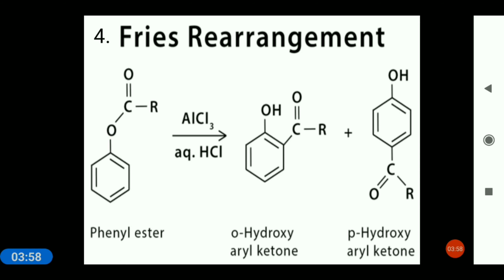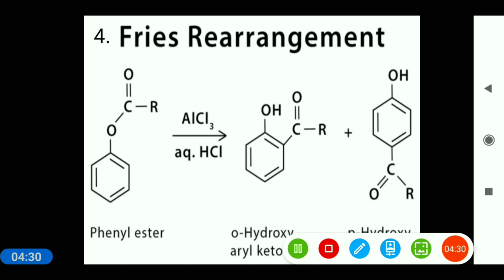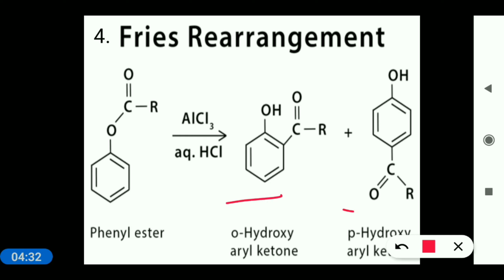Next is the Fries rearrangement. It is a type of rearrangement. Phenyl esters on heating with anhydrous AlCl3 in presence of CS2 as solvent undergo a rearrangement in which acyl group migrates from the phenolic oxygen atom to the ortho-para position of the benzene ring to give a mixture of ortho and para hydroxy ketone.